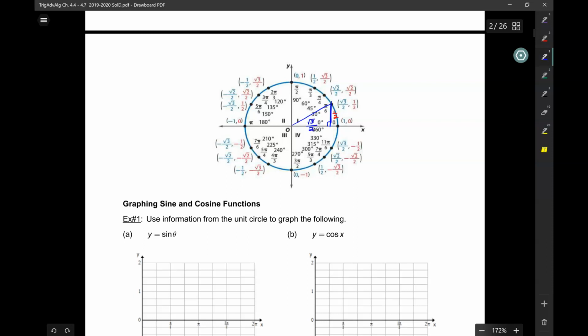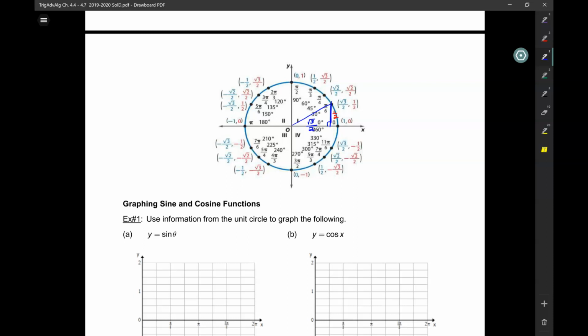That's what we always drew. That was our basic triangle. So in this case, the cosine is √3/2 and the sine is 1/2. On this unit circle, they've written that for us.